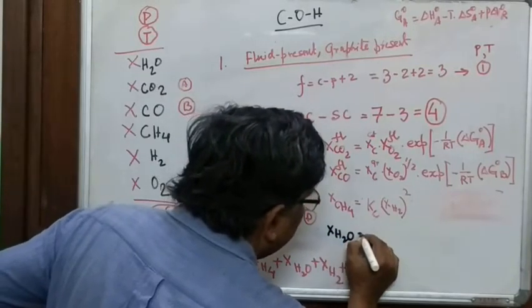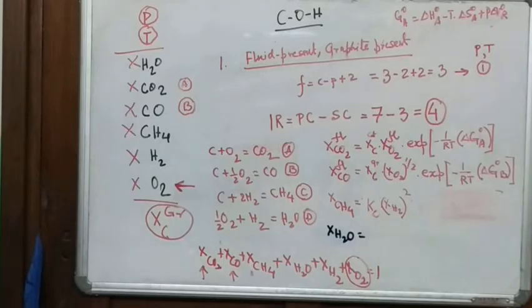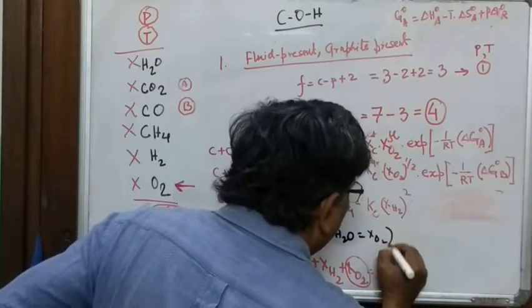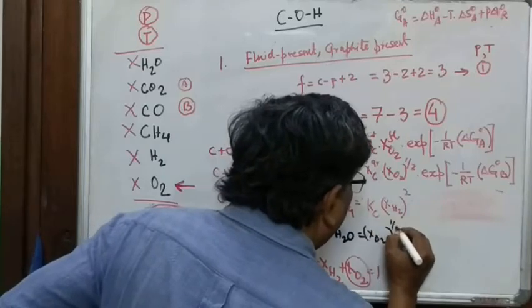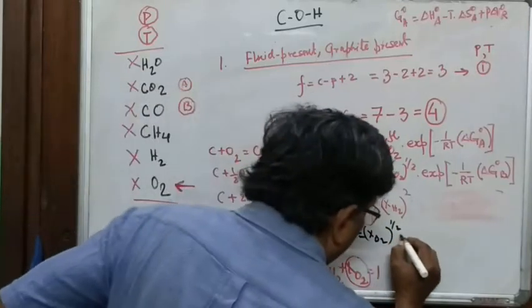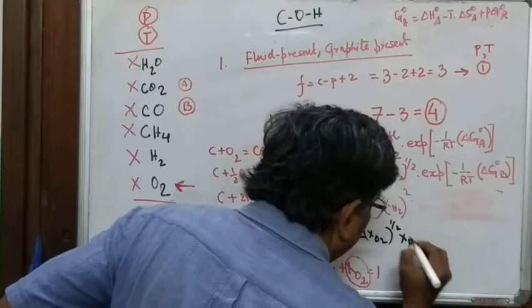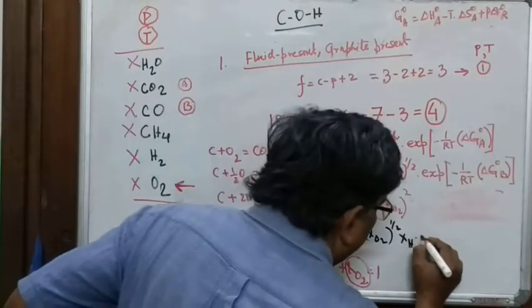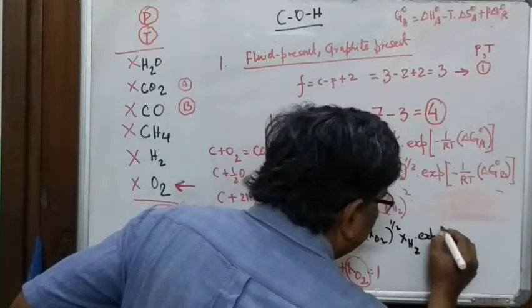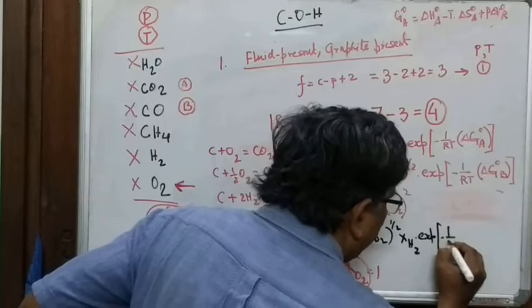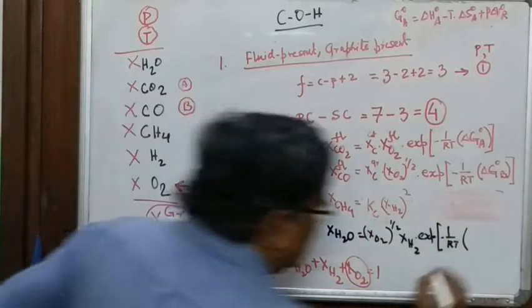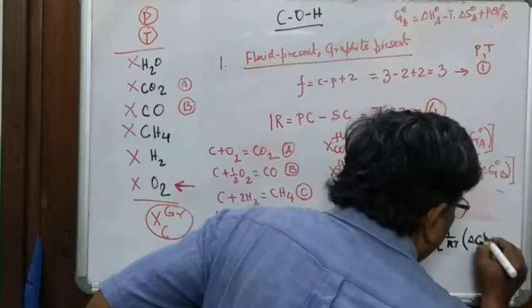XH2O is equal to XO2 to the power half into XH2 into exponential minus 1 by RT into delta G0D.